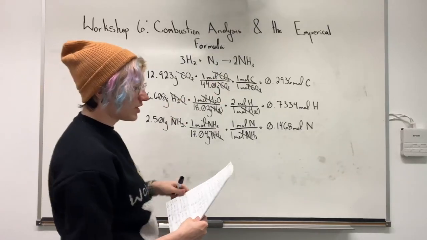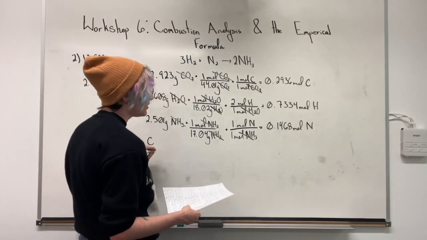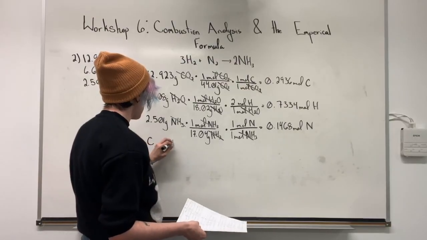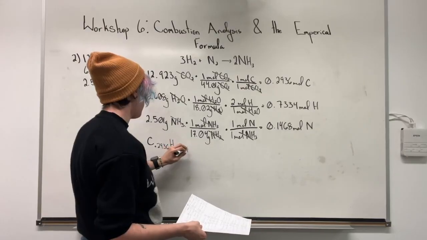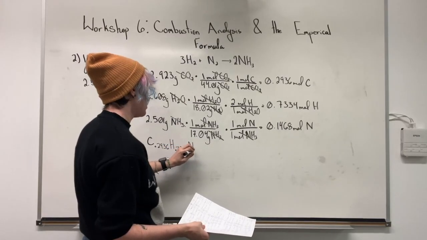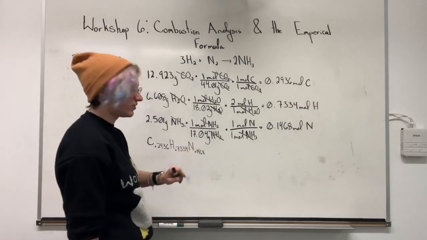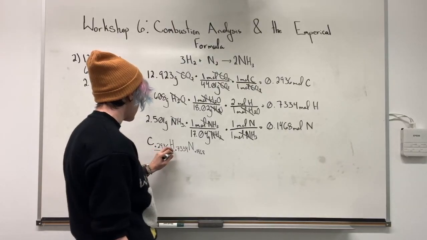Now we have all of our information to move on to our pseudo formula. C 0.2936, H 0.7334, N 0.1468. 0.1468 is our smallest, so we're going to divide everything by 0.1468.